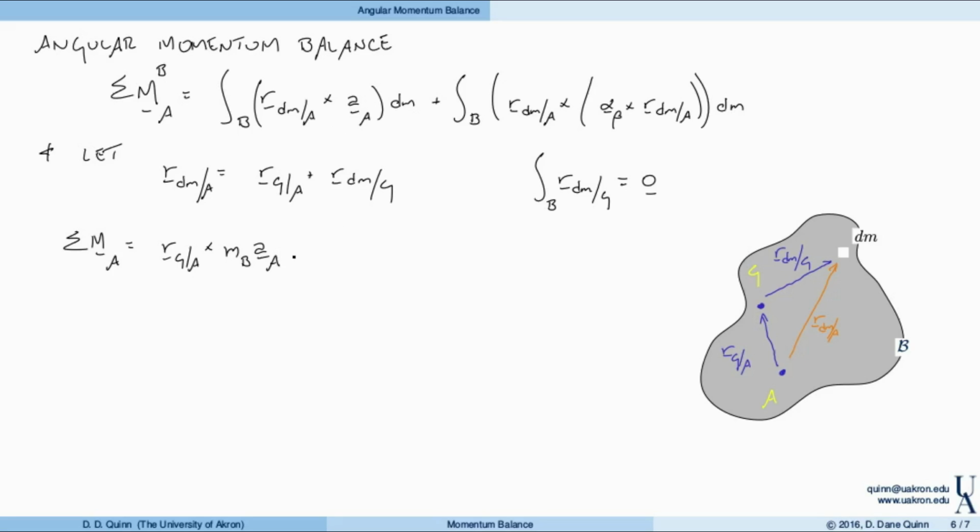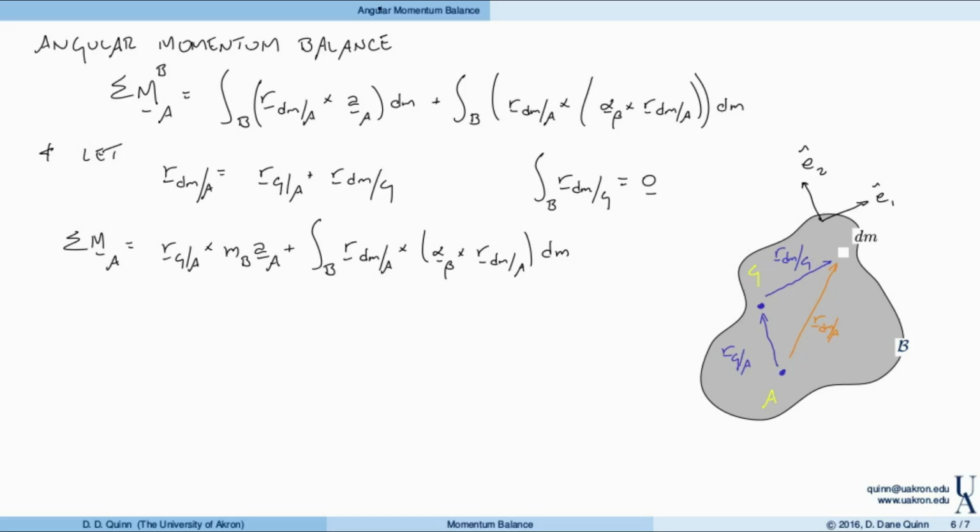But then we still have this last term. So it's r cross alpha cross r. So now let's try to evaluate this last term. For planar objects, let's put, say, directions E1 and E2 fixed in the body.